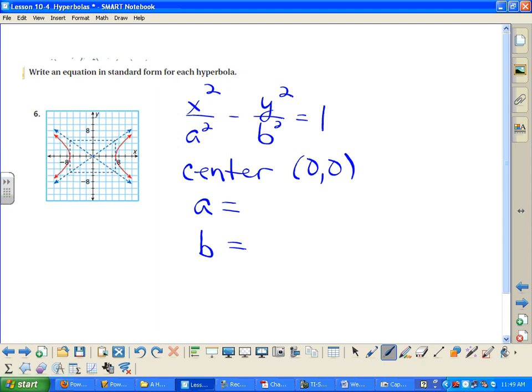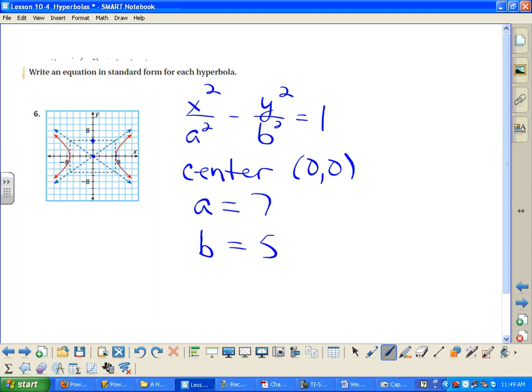So we need to find the value of a. The value of a is the distance from the center here to the vertex here, which is how far? Looks like 7, right? It's going by 2's. So a is 7. And the value of b is the distance from the center to the top here, which will be 2, 4, 5.